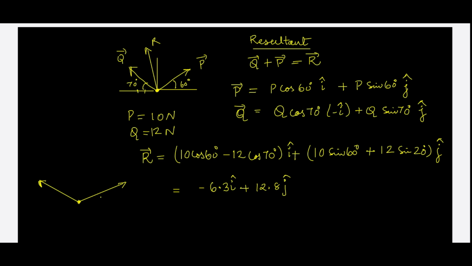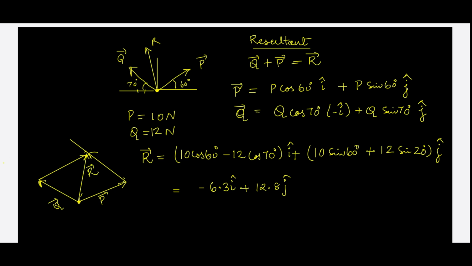Now you can draw what is called a vector polygon. This is vector P and this is vector Q. So you now draw a line parallel to Q from the end point of P, and then a line parallel to P. So that will be your resultant, right?